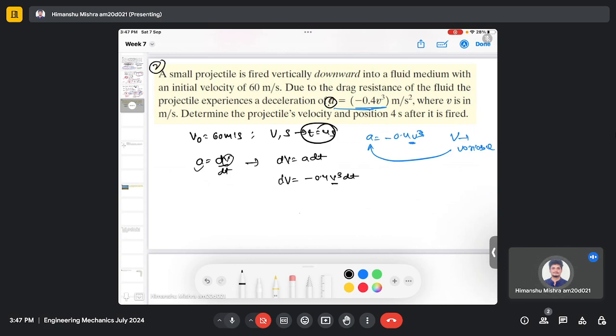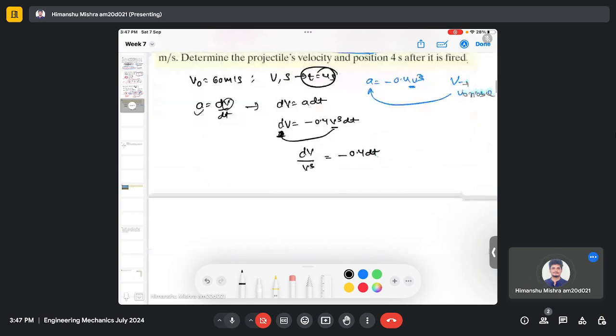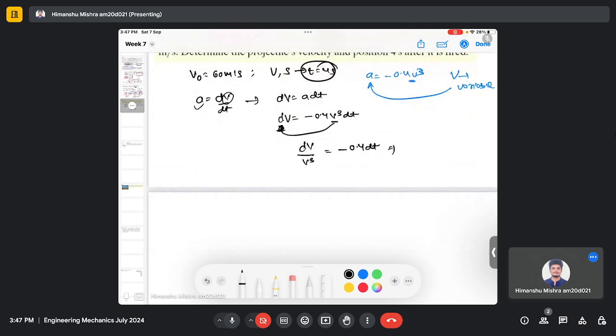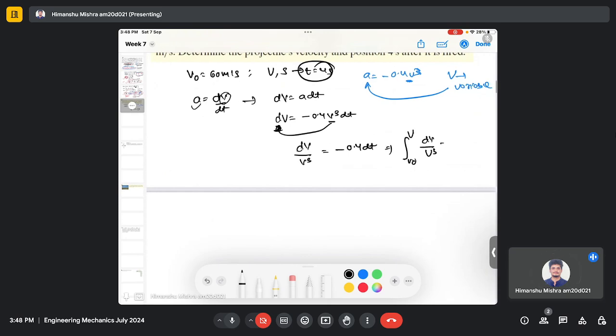So here I can bring v over, so it will be dv by v cubed equals minus 0.4 dt. Now I can integrate it from v0 to v, so it will be dv by v cubed equals the integral from 0 to t of 0.4 dt.